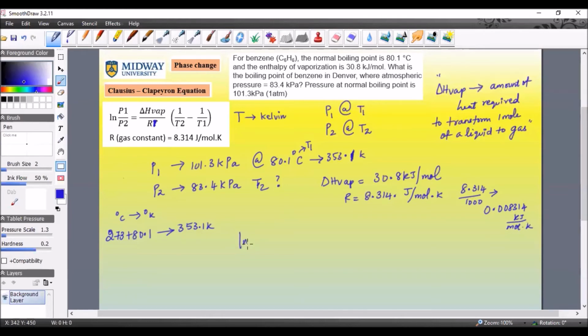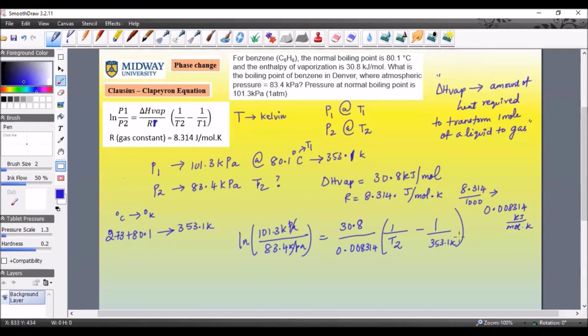So the natural log of P1 over P2, 101.3 kilopascals over 83.4 kilopascals, so the units cancel out, equals the enthalpy of vaporization, 30.8, over R, 0.008314, times 1 over T2, which is what we are asked to find, minus 1 over 353.1 Kelvin.